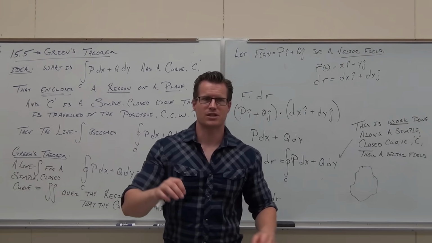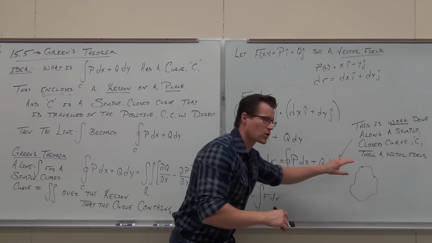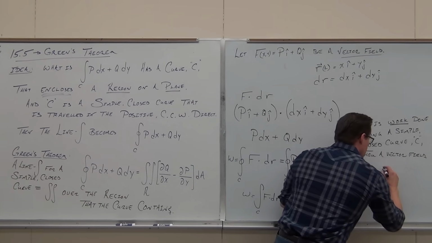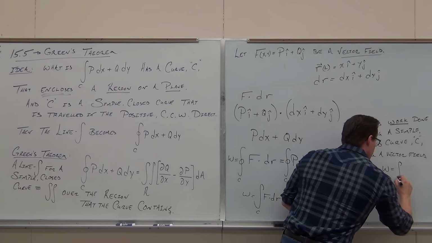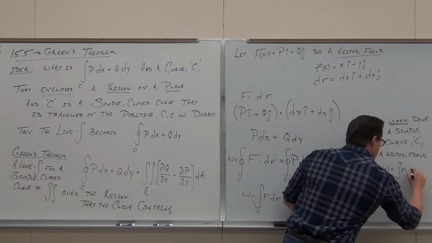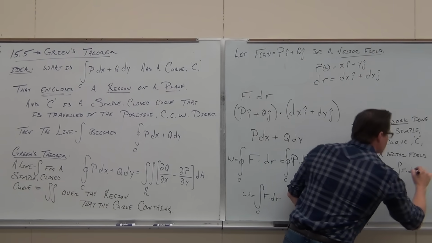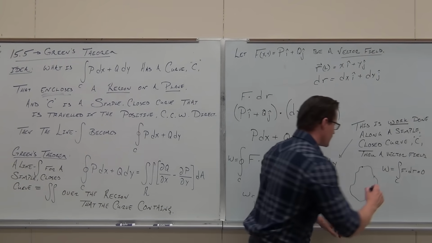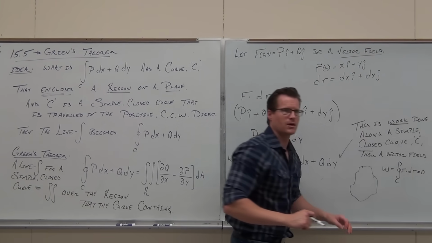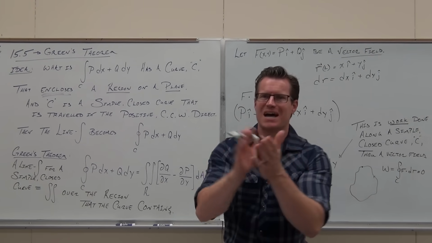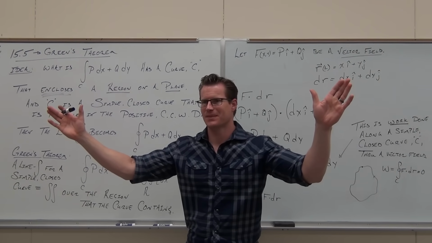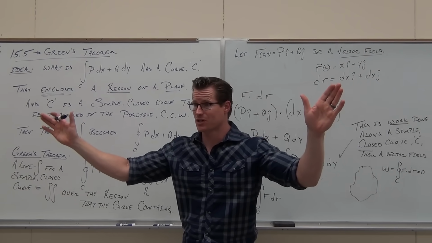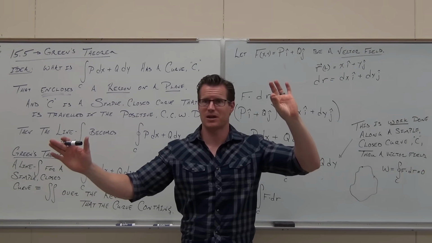The last section said yes, the work done here is zero for a simple closed curve if you have what type of vector field? Conservative. That makes sense. If it's conservative, you're coming back to the same spot, you've done no work.